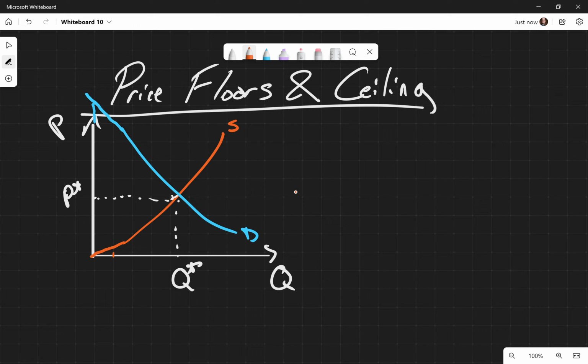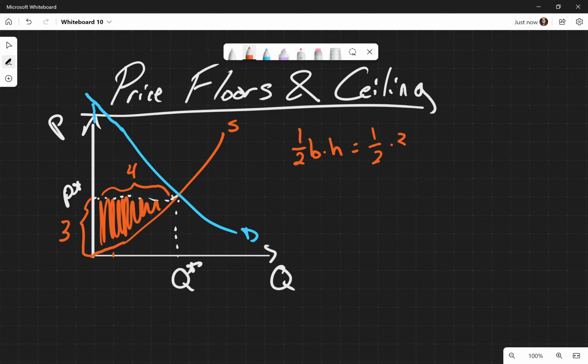And it tells us essentially how well the producers are doing. Once again, this is a triangle on graph paper, so this is a 3, this is 4, and my area of a triangle is 1/2 base times height, so this is going to be 1/2 times 3 times 4. 1/2 of 4 is 2. 2 times 3 gives me 6. So I'm going to get a producer surplus equal to 6.